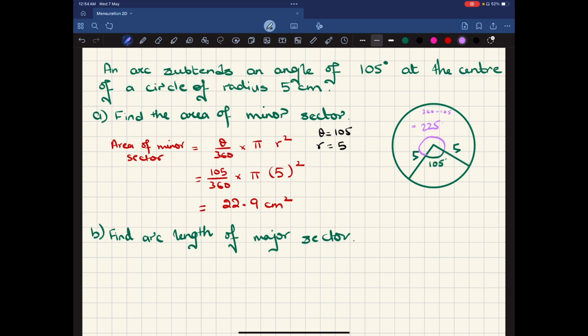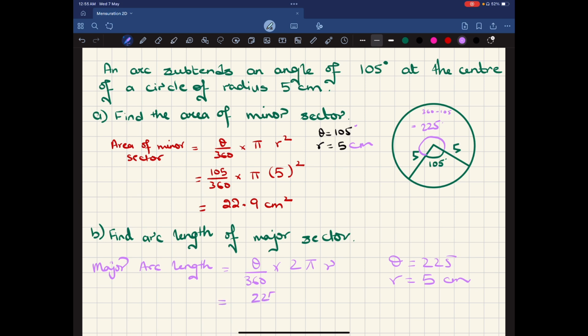So what is the formula for calculating the arc length? Major arc length is theta over 360 into 2 pi r, where theta is 225 and r is going to be 5 centimeters. Don't forget to put in your units.